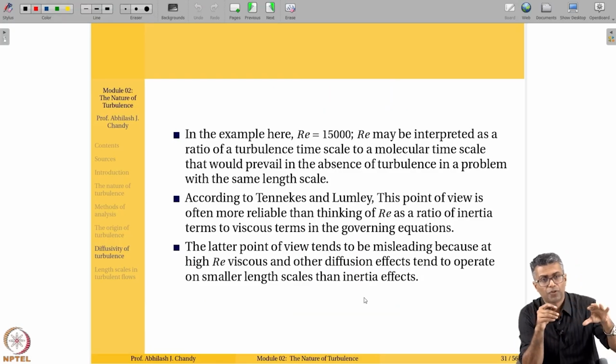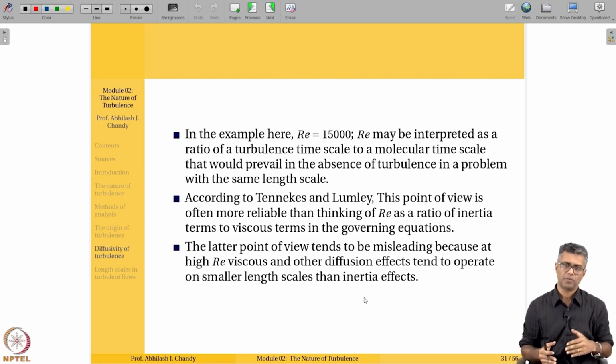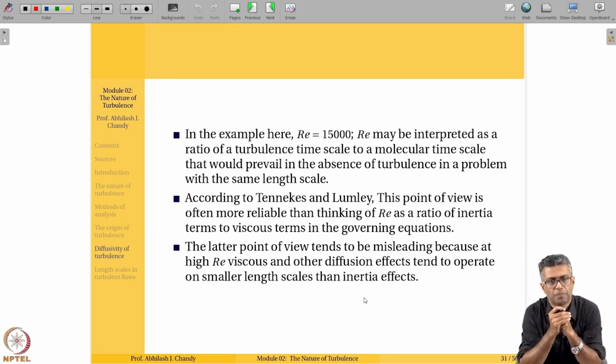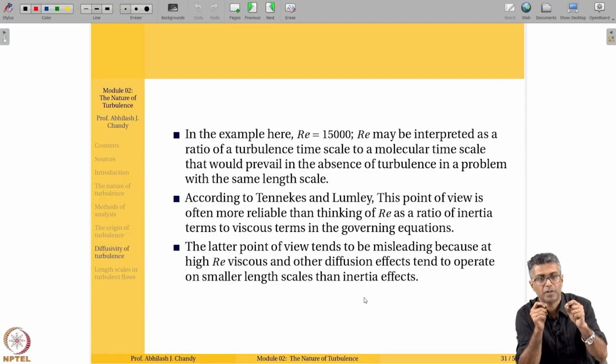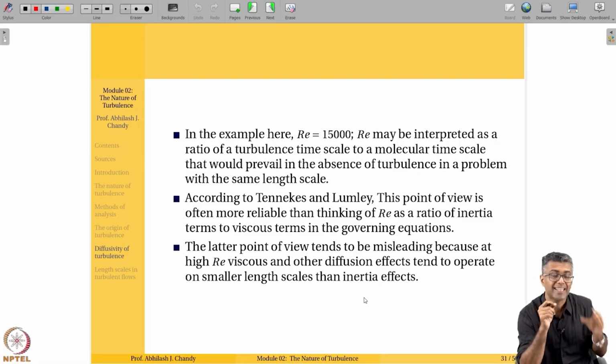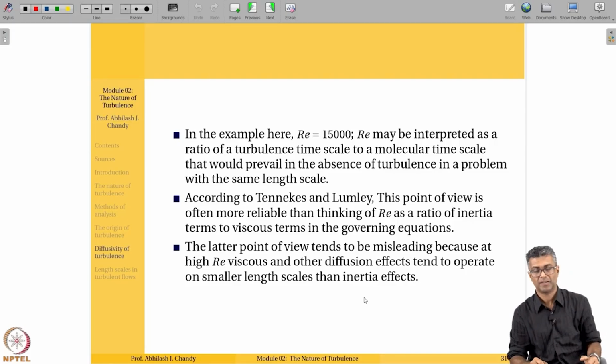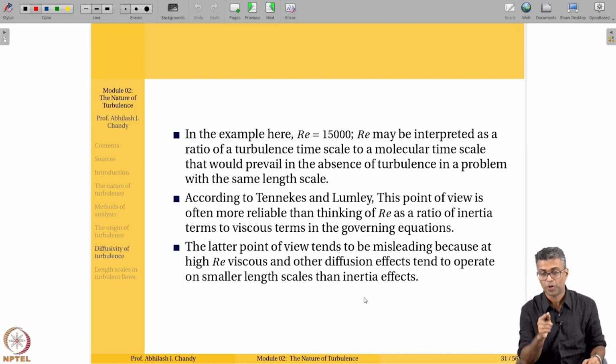Now, for this example here, the Reynolds number is approximately 15,000 based on the velocity, the viscosity of the air, the length scale and all that. So you can think of this Reynolds number again as a ratio of the turbulent time scale to the molecular time scale that would prevail in the absence of turbulence in a problem with the same length scale, isn't it? And I'm going to explain this point a bit more.